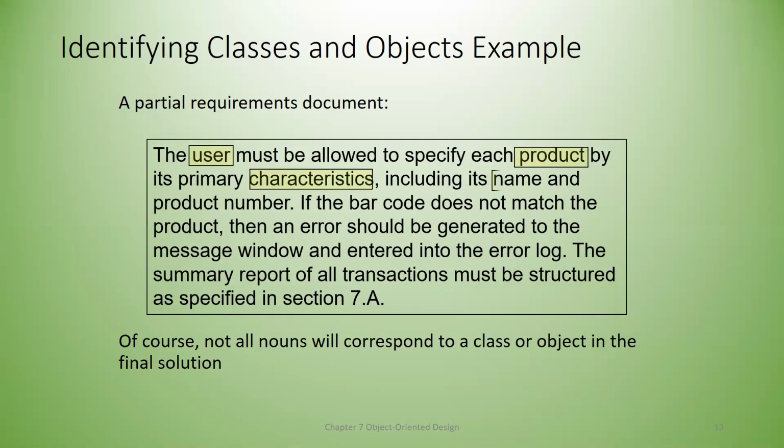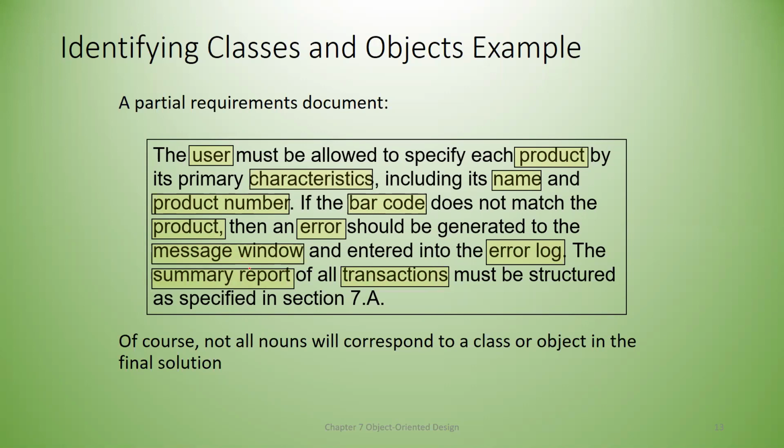So now given that, let's look at this partial requirements document. If you read this, the user must be allowed to specify each product by its primary characteristics, including its name and product number. If the barcode does not match the product, then an error should be generated to the message window and entered into the error log.